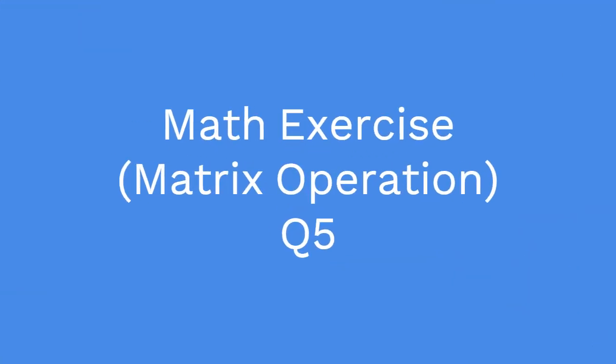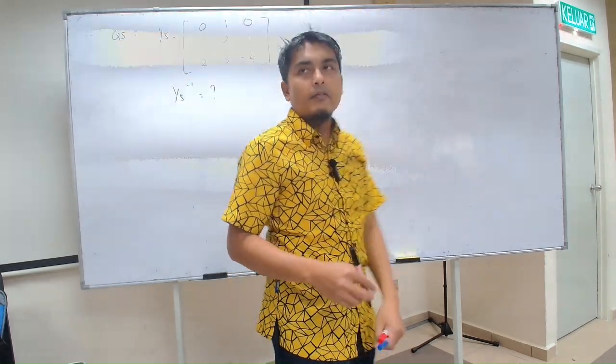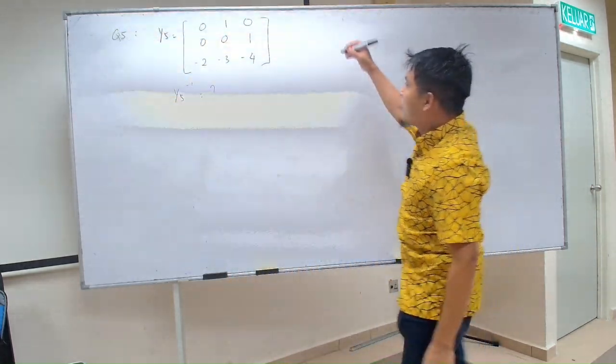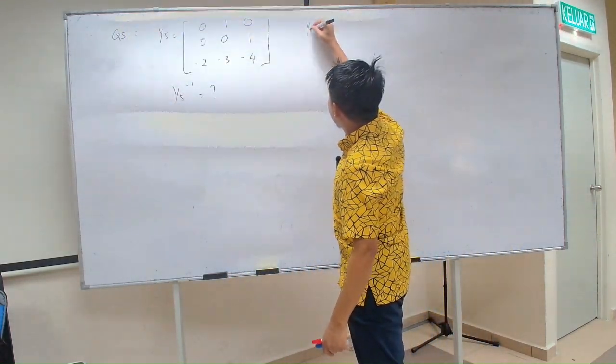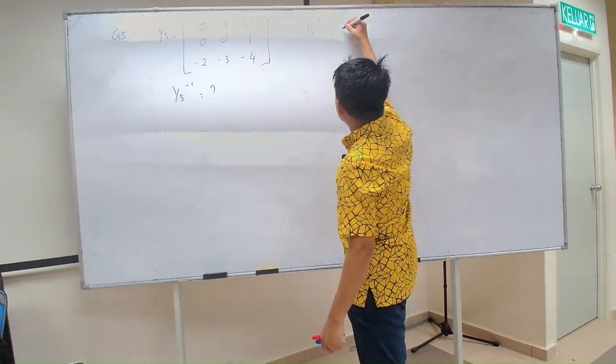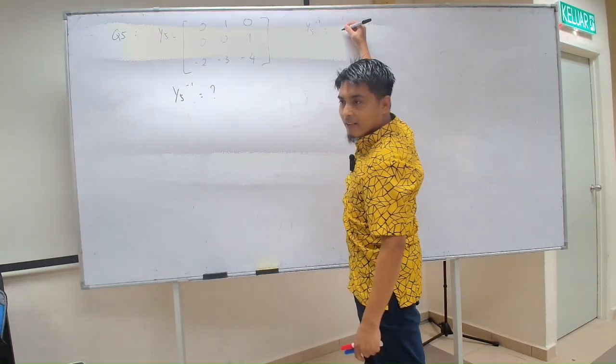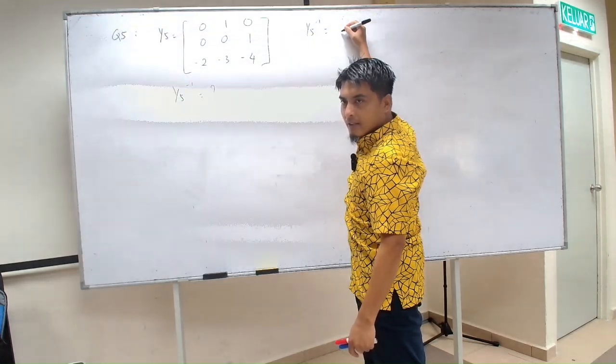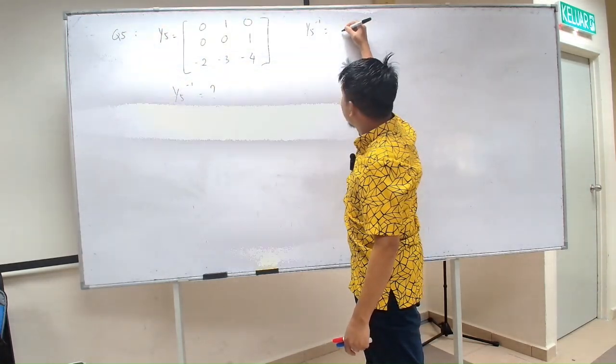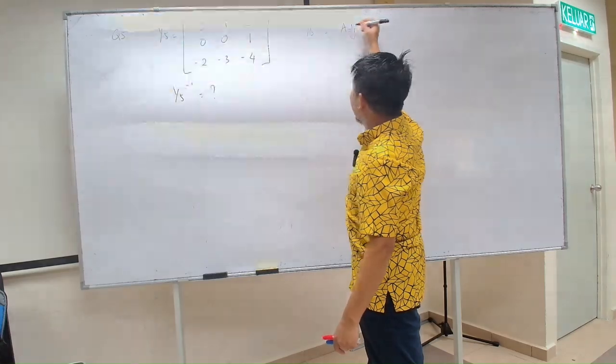Okay, so in this case, we need to find the inverse matrix of Y5. So what is the formula for the inverse matrix? What is it? Adjoint.